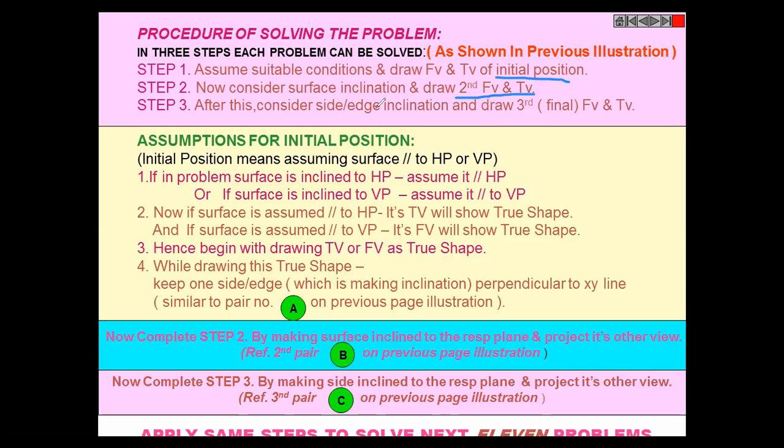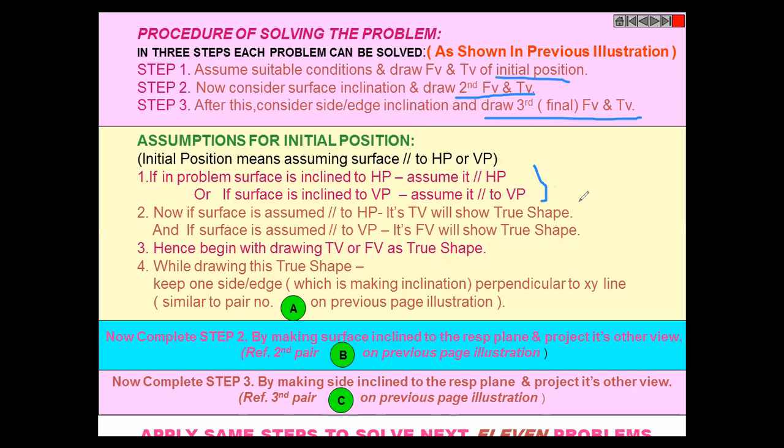And at last, we will consider another realistic condition, the final inclination, and using projection we will draw the final top view and front view. Clear? So it is written here. Assume parallel to both the planes.